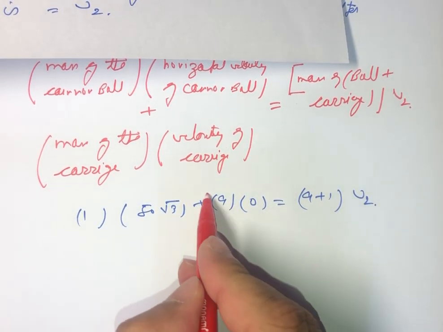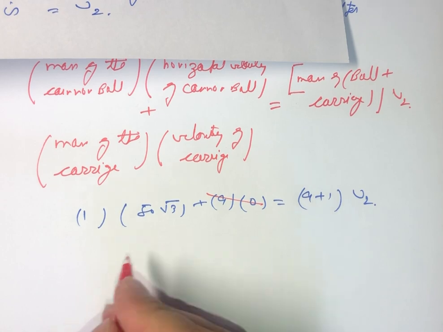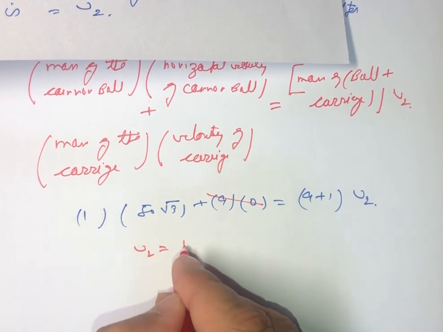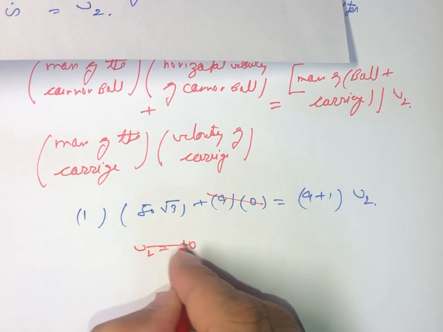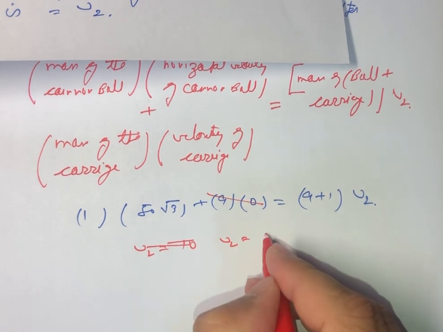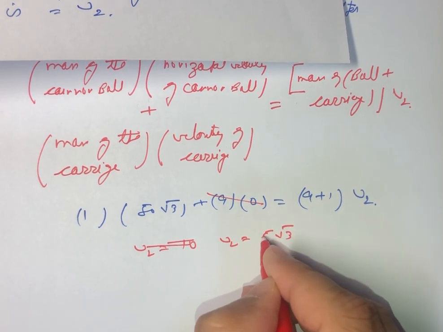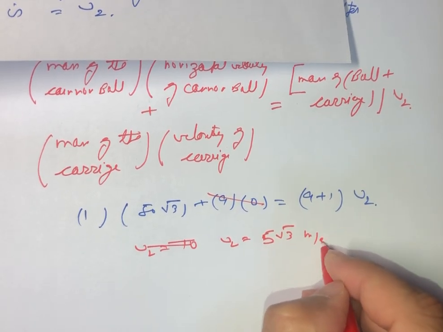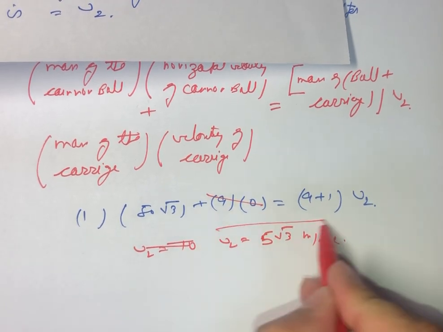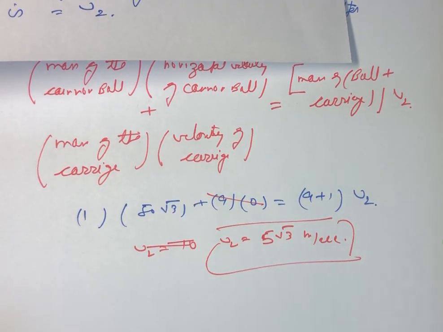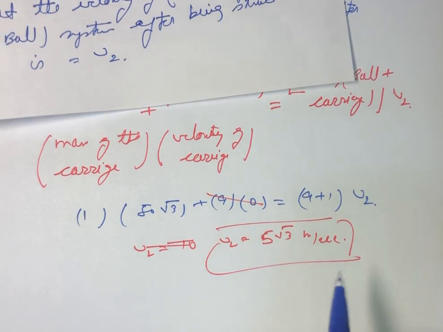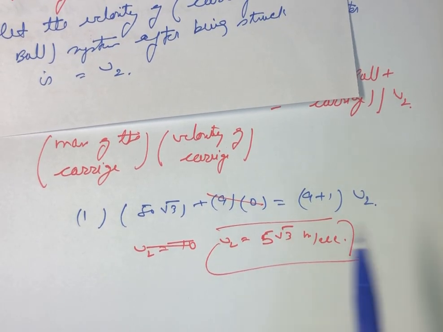So we get V2 is equal to 5√3 meters per second. So this is the velocity of the carriage and cannonball.